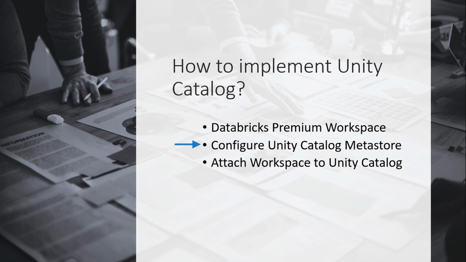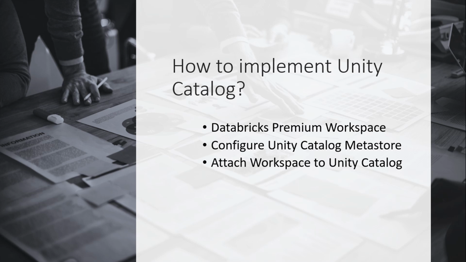Metastore is the place where Unity Catalog stores all the information. So you must configure and create at least one metastore. Once you have a metastore, you can connect multiple workspaces with the common metastore. And that is all. All connected workspaces will have access to the central Unity Catalog metastore. You will learn all these steps in the coming lectures.